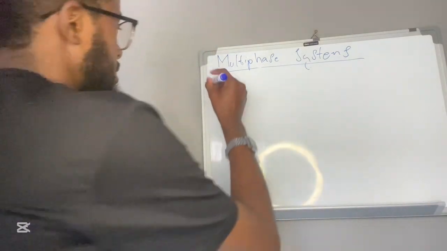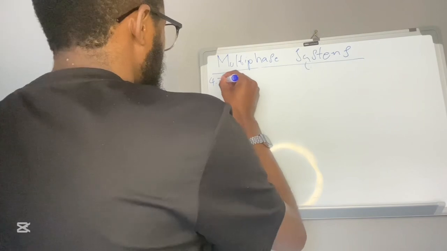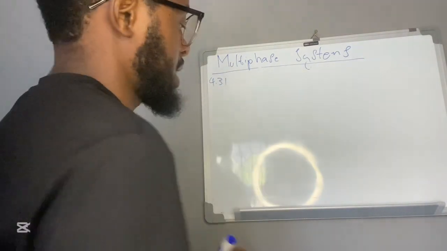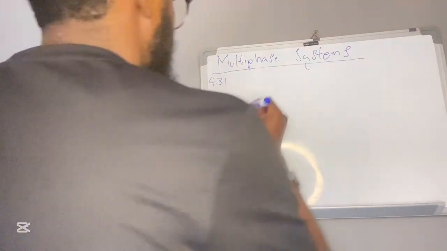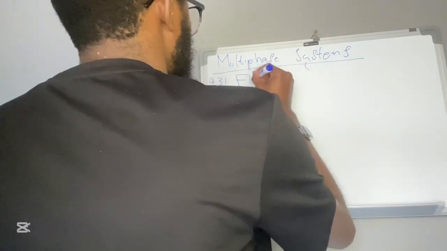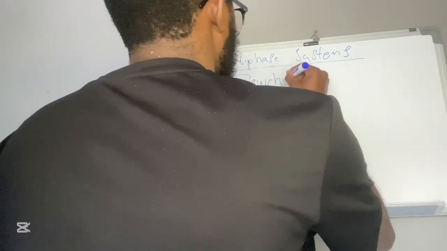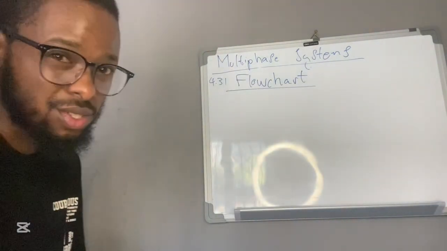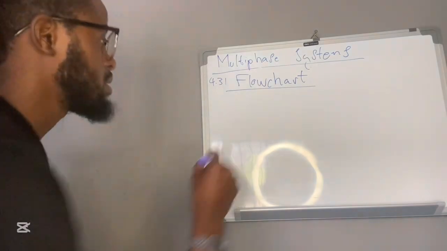So now we're starting at 4.31, right? This is 4.31, so this is what we have. This is the flow chart. I'm going to make sure that you guys see everything that I do.